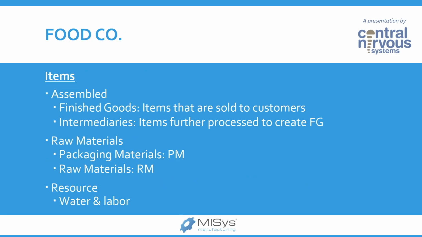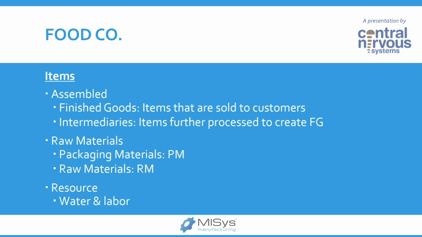For our food company, we're going to be using assembled, raw material and resource items. For assembled, we're going to have two finished goods, our items that we're selling to our customers, and then we're going to have intermediaries that, even though they're classified as assembled items, get further processed to create finished goods. In discrete manufacturing, you would call these subassemblies. And then we have our raw materials.